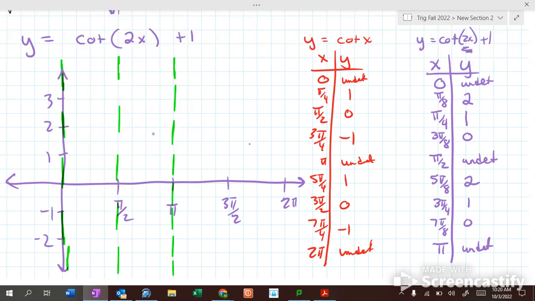And so at pi over 8, if it's 8 to get to pi, pi over 8 is just 1 square. So 1 square, I'm up at 2, then 1, and then 0. 2, 1, 0. So it's really skinny like this, or like that.